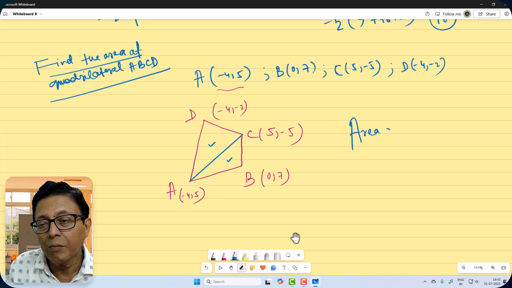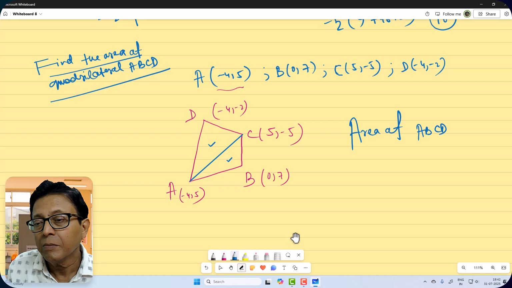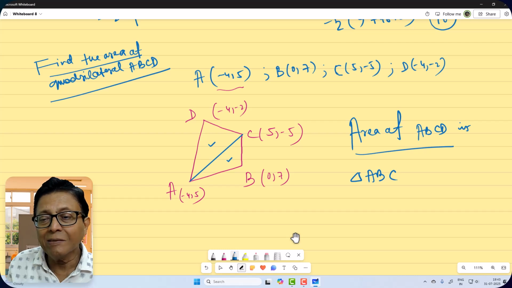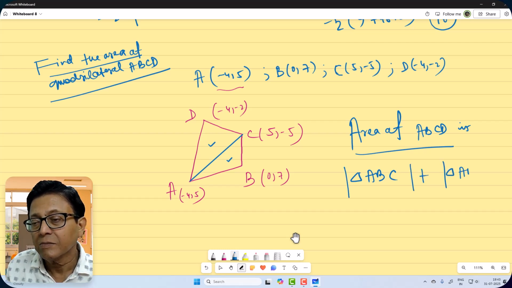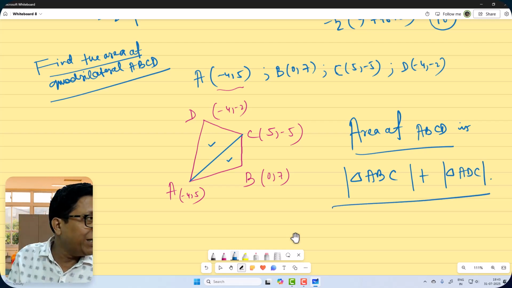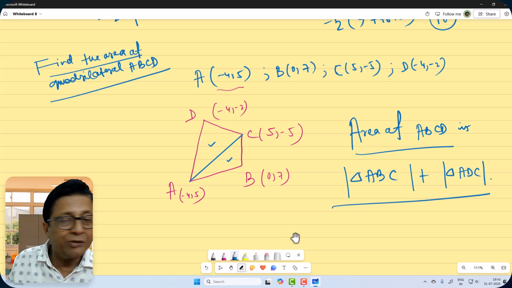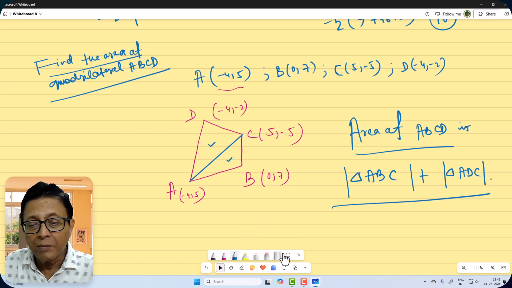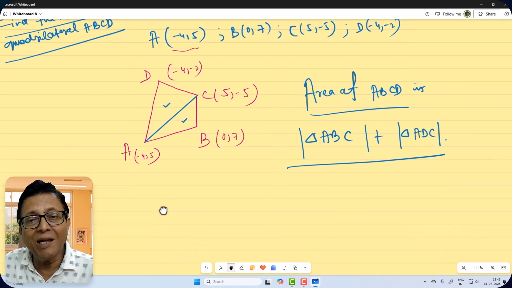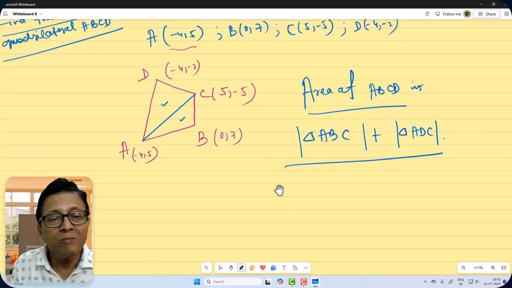So, area of ABCD is area of ABC, take mod of this, plus area of ADC. Okay? Because if you get area negative and add with this, then actual area will be less than which it was supposed to be. So make modulus in the beginning.